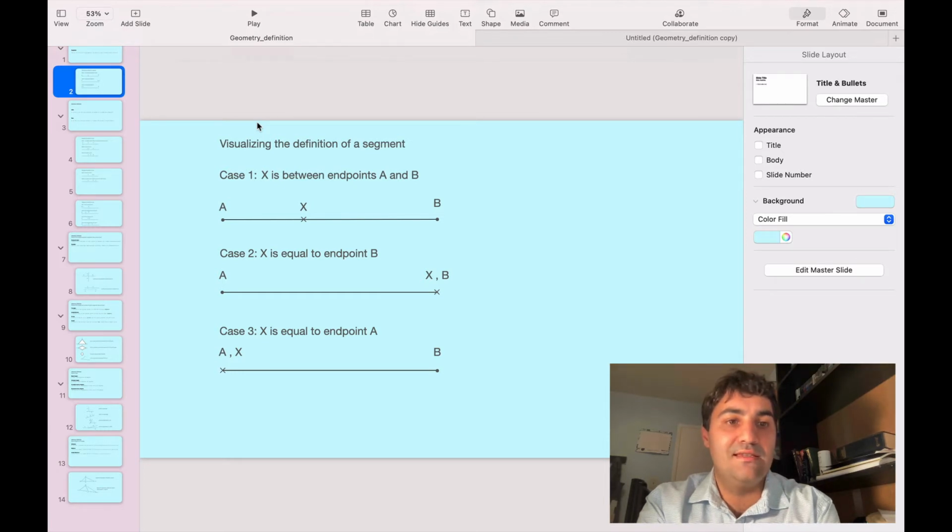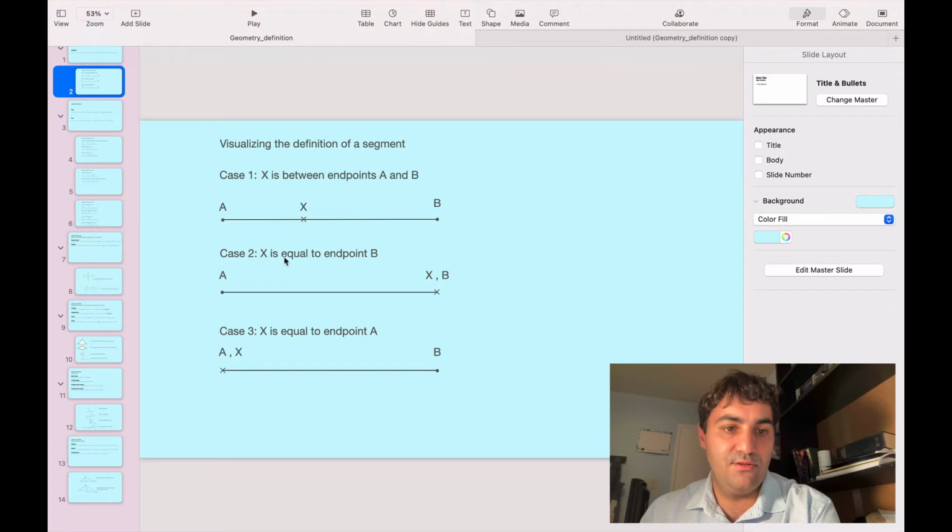In the first case, x is a point between endpoints A and B. So I choose x here, but you can choose x here or here or here. So there's an infinite number of ways you can choose point x such that it's between point A and point B in a straight line.